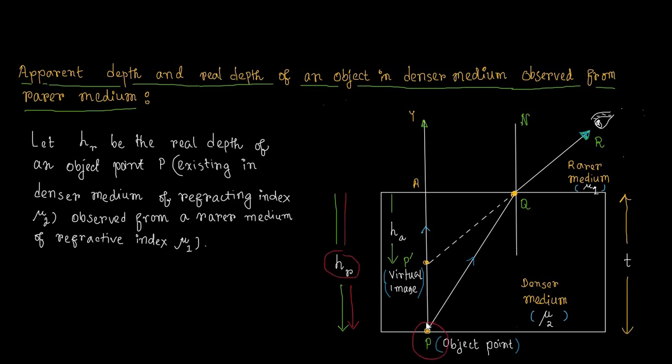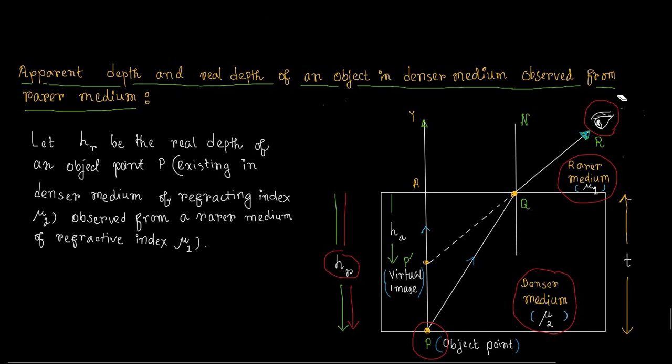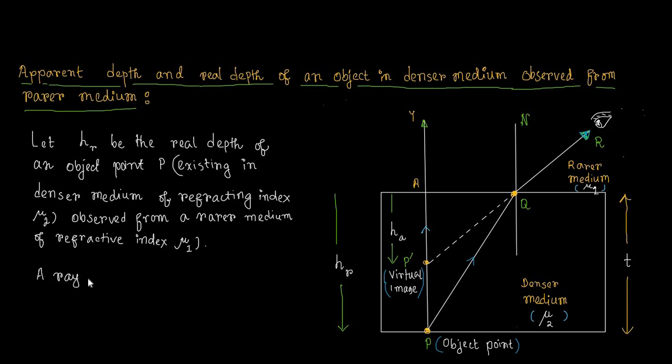HR is the real depth of the point object P existing in the denser medium, and the point object P is observed from the rarer medium which has refractive index mu1, and HA is the apparent depth.